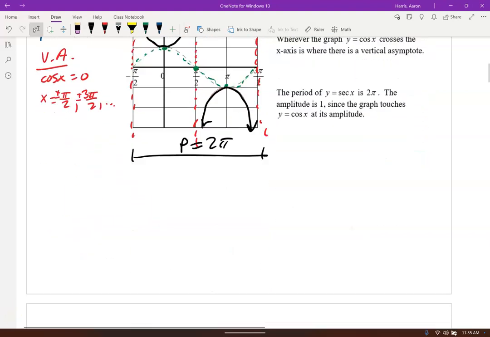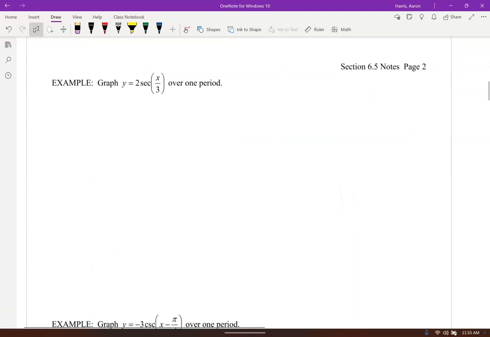All right, so let's go on to this first one, 2 secant of x over 3. I'm thinking about my secant graph, but if I was to pretend this was the cosine function for a minute, then my period would be 2 pi over b, right?